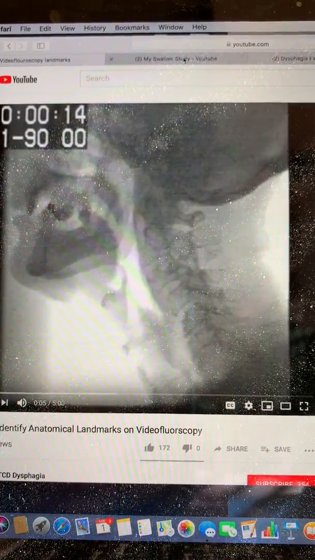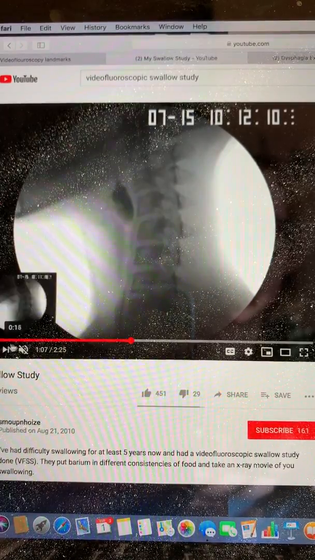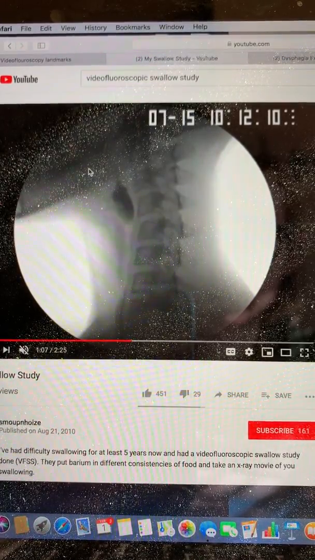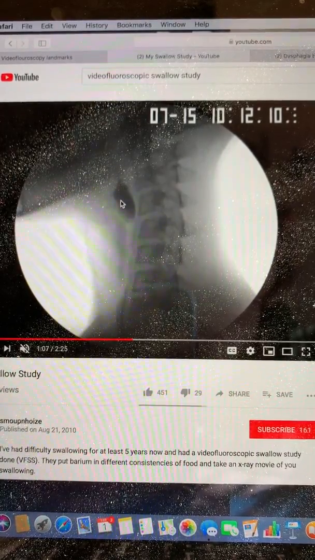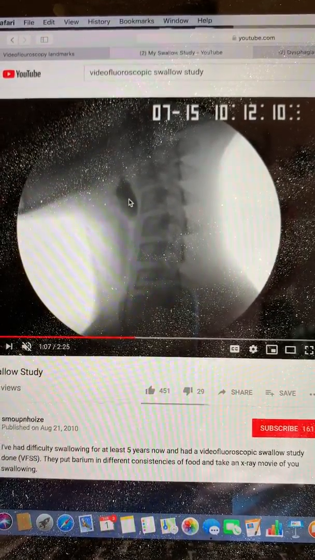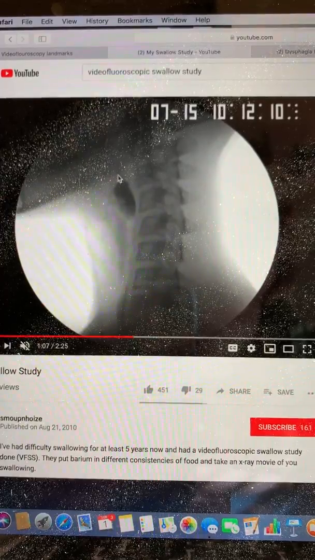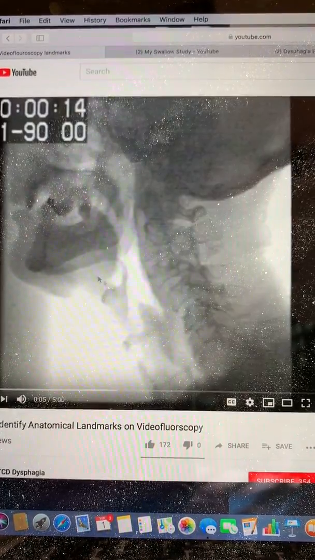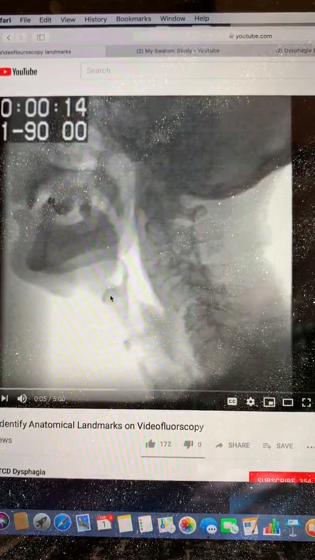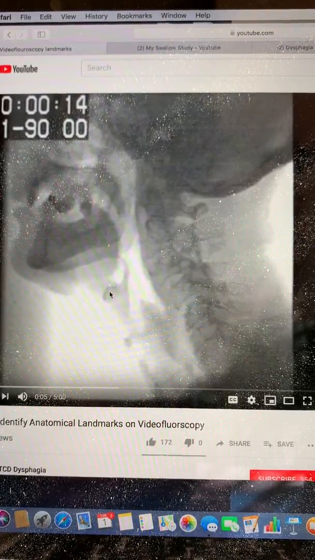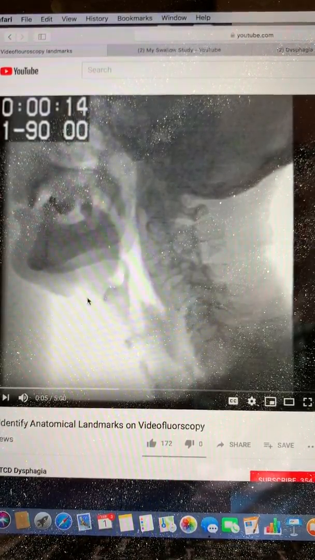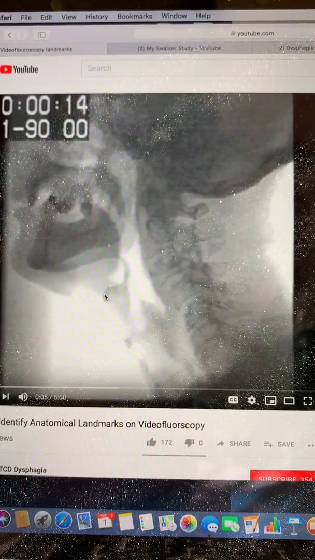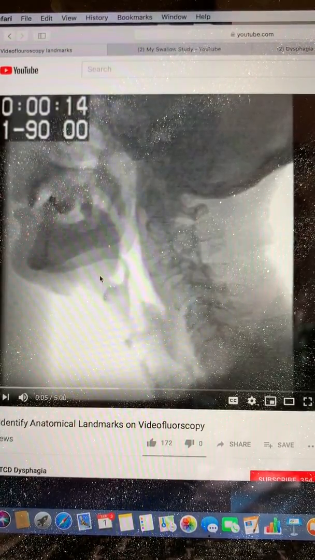And so as you can see, the bolus is probably now in the pharyngeal phase because it looks like it's already passed. When this occurs, the hyoid bone will go anterior, and it will go superior some.